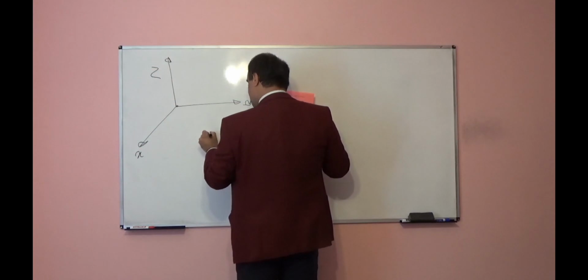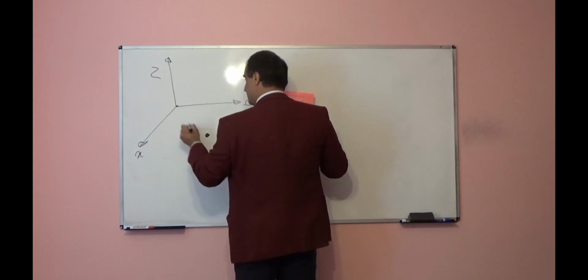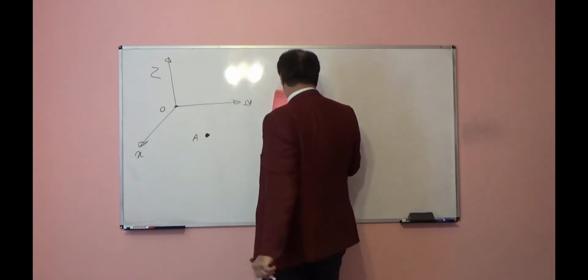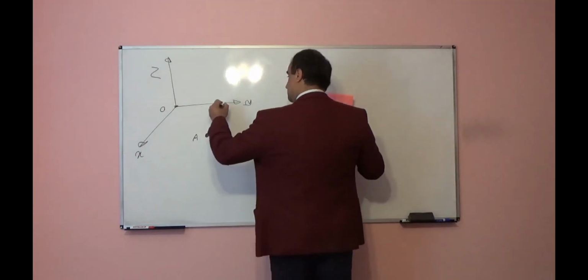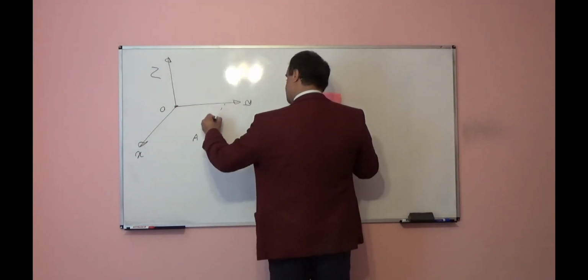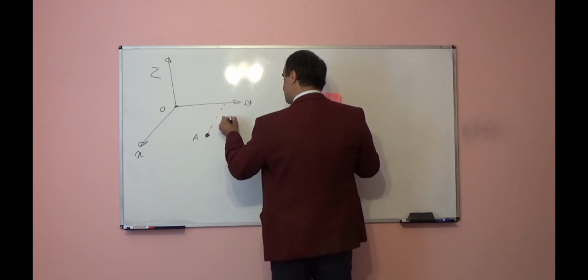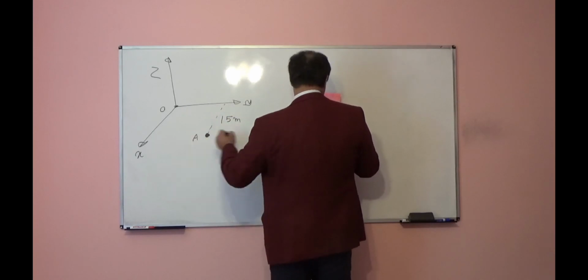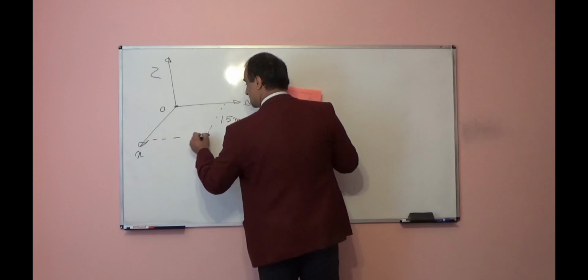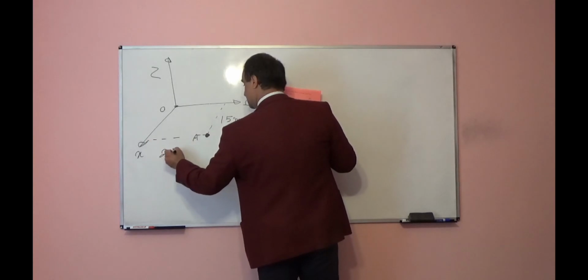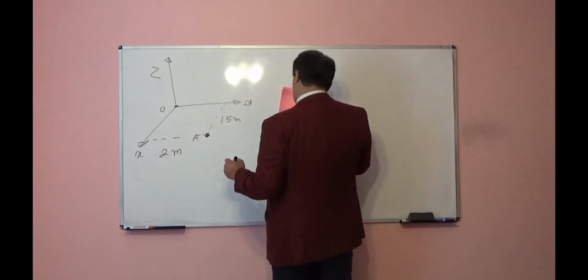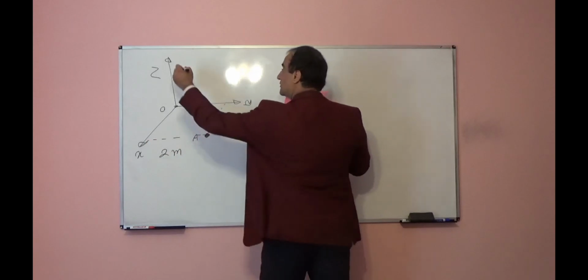We have point A here, and this is point O. Point A here in the X direction has coordinate 1.5 meters, and in the Y direction the coordinate is 2 meters. We attach one rope from point A to point B.